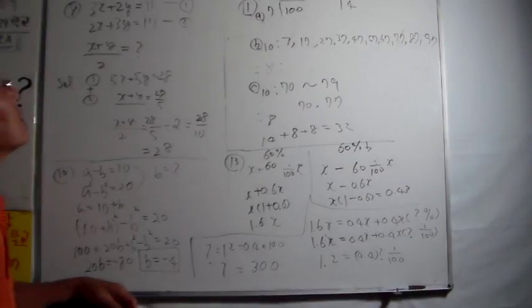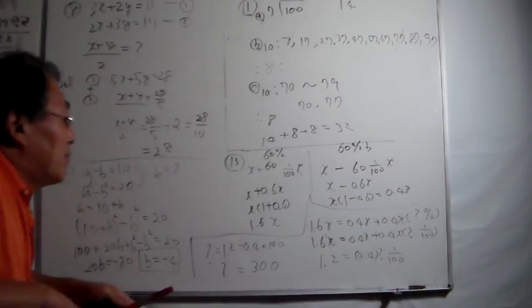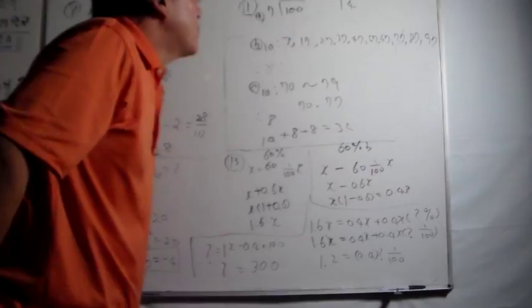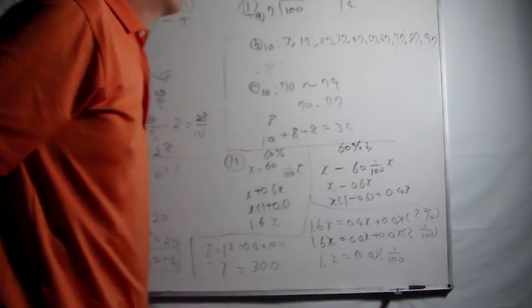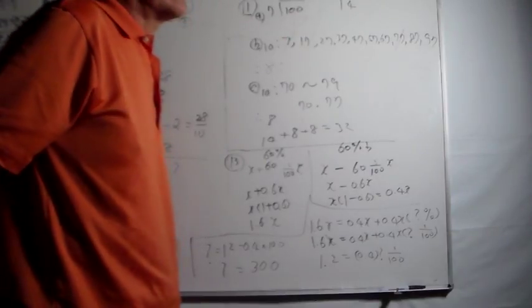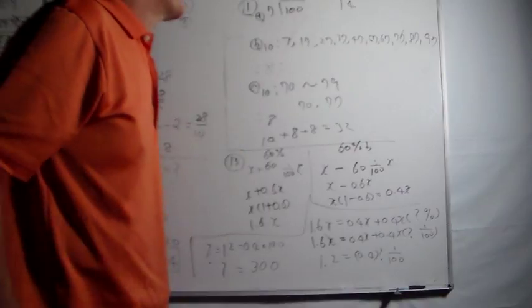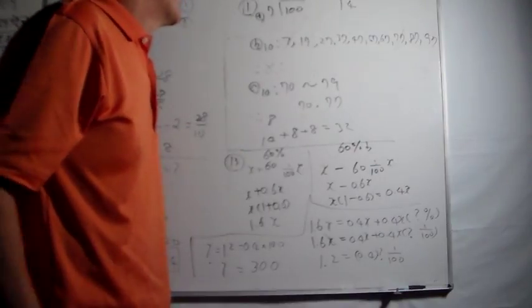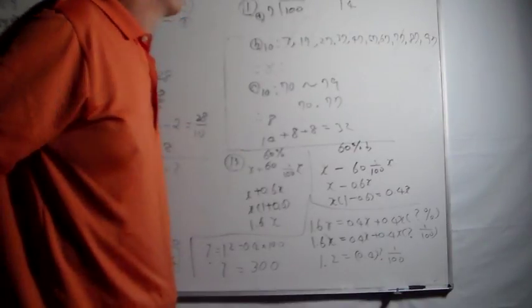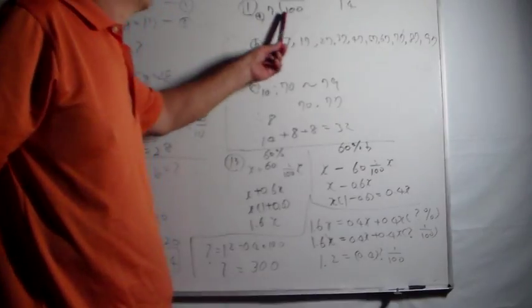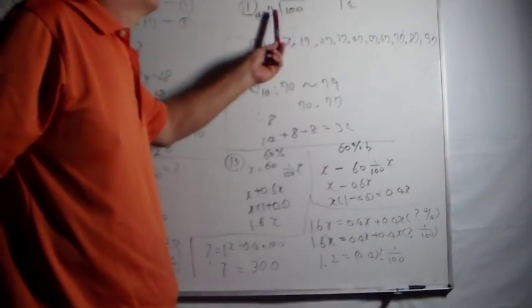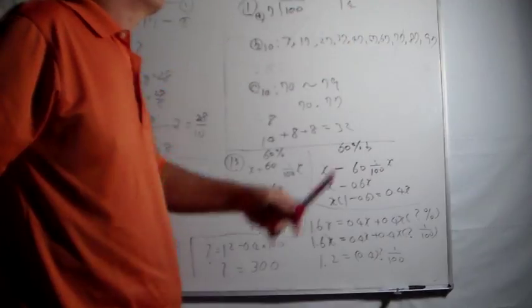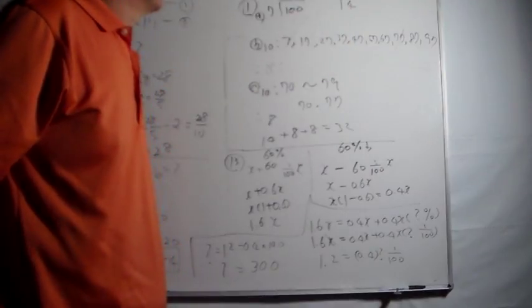Okay, number 11. Number 11 says, boost every number from 1 to 100 divisible by 7. Also have a 7 in it. So how many can she boost? So in 100 you have to divide by 7, so 14 numbers are divisible by 7.